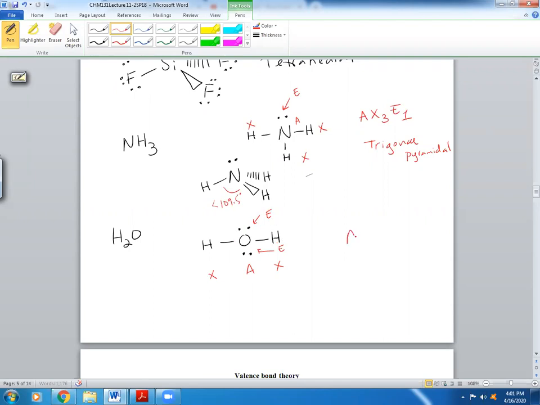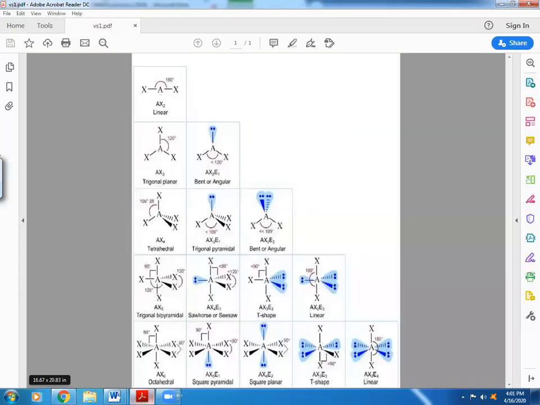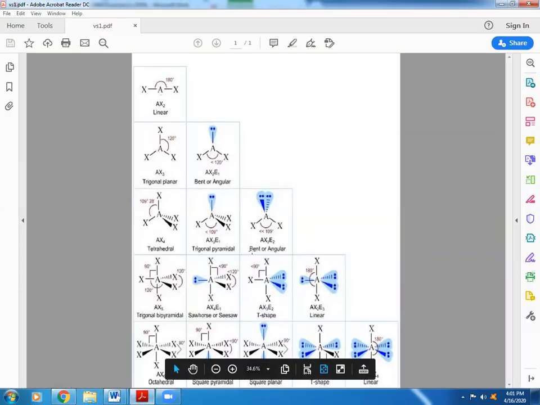So you have AX2E2. Let's find what AX2E2 is called. Here it is, bent. We're going to use the word bent.